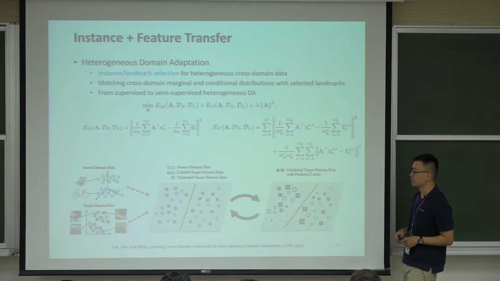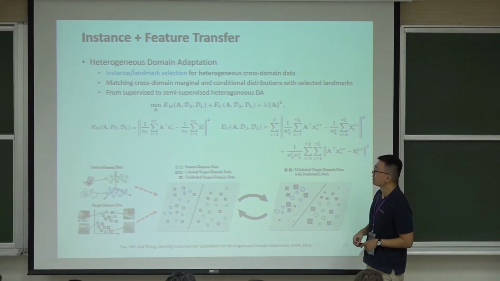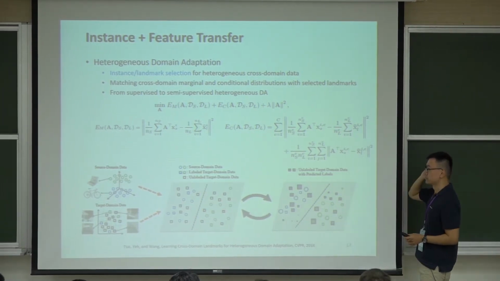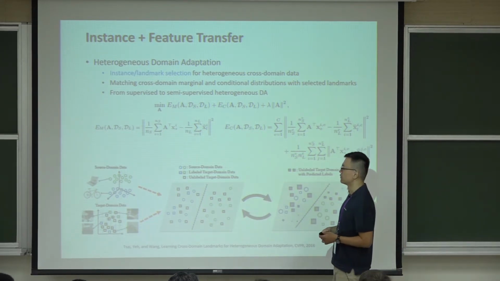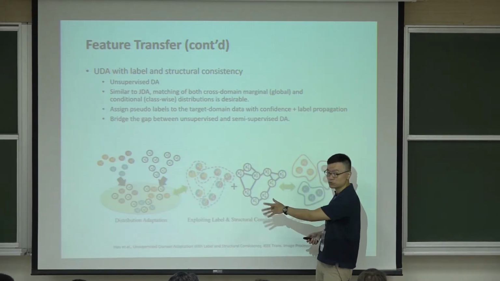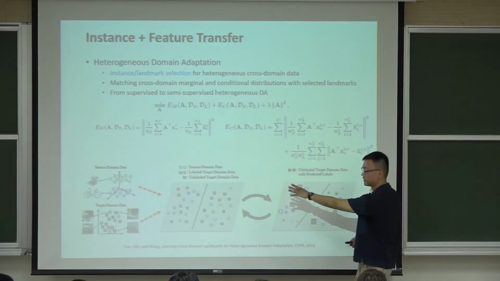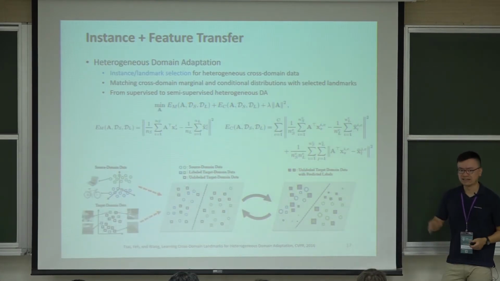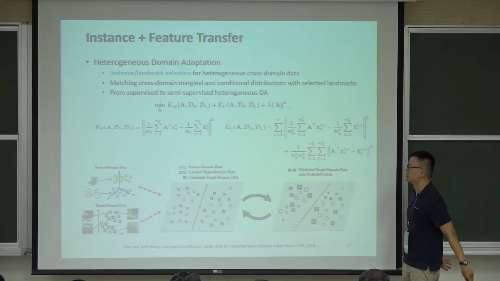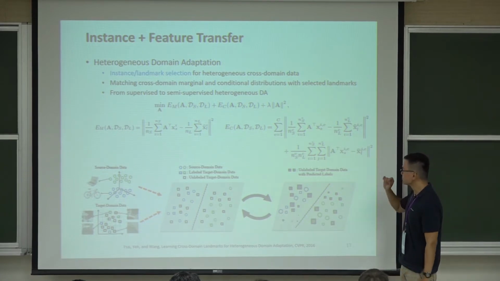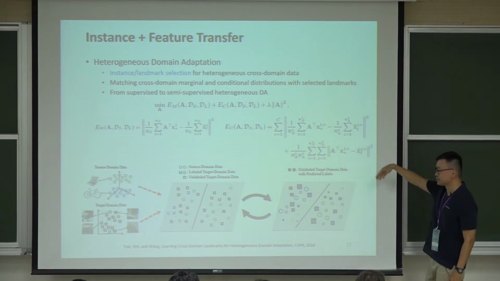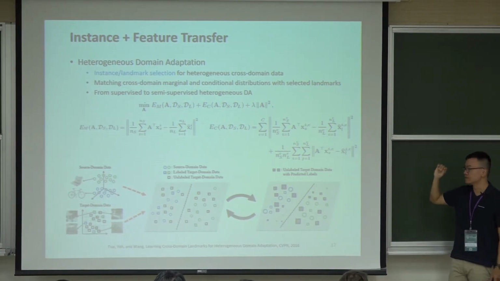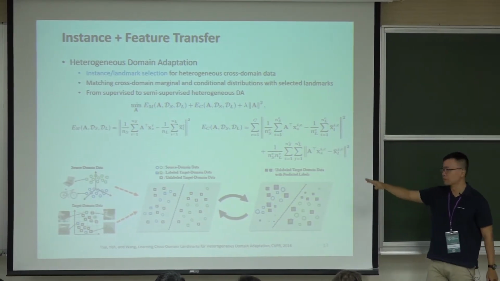during the adaptation process. And there are other variants as well, because when we talk about the exploitation of label or structure information, we can do that for homogeneous data. We can do that for heterogeneous data as well, like image and text, or images with different features. But of course, because of the interest of time, we will not go into all the details of the algorithms, because maybe half of you would fall asleep.